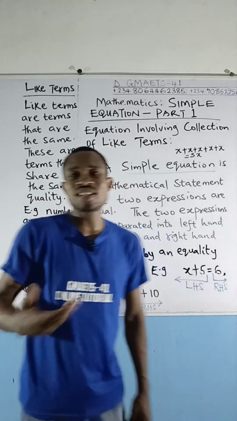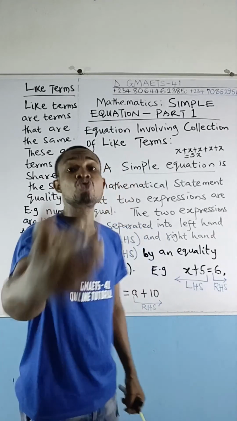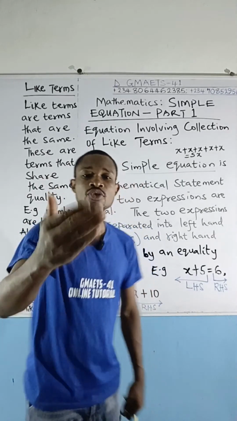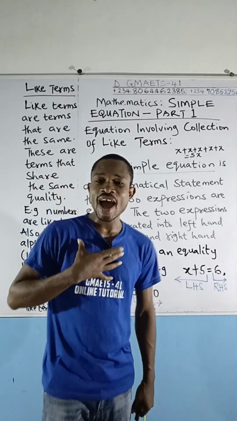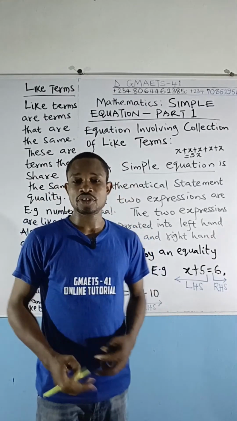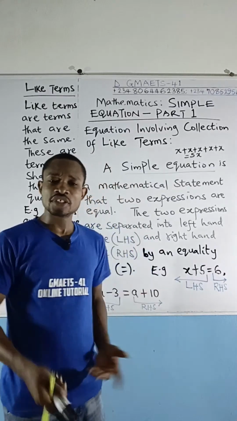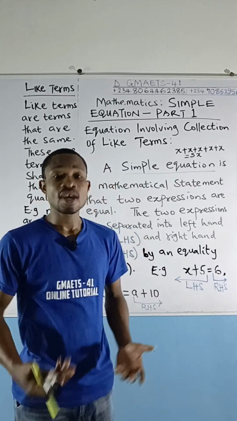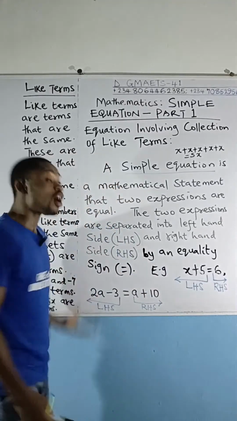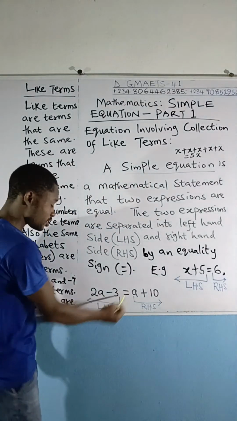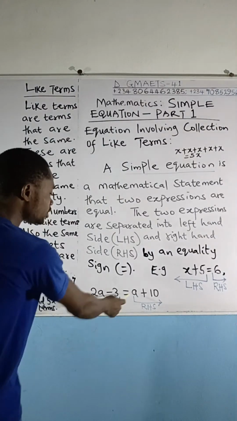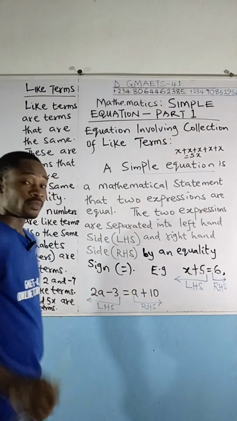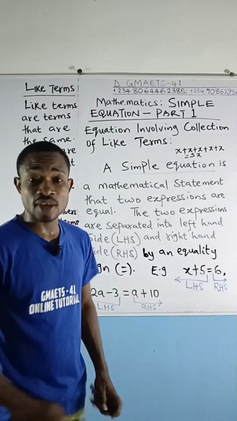It is just like maybe you have 2 oranges, and I have 1 orange. Orange, they are the same. You have 2 of the oranges, I have 1 of the orange. That is the meaning of this. 2a and 1a, or simply a. So they are like terms because they are the same alphabet.